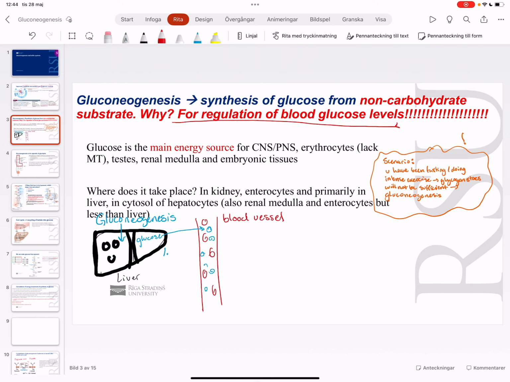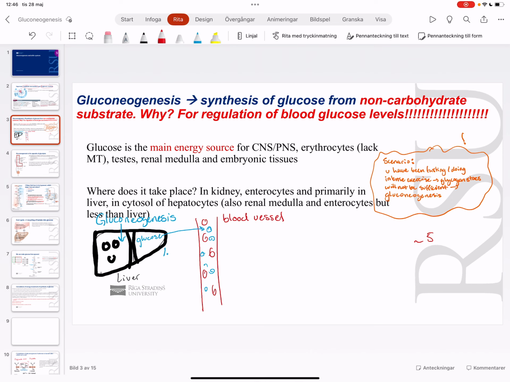For example, if you've been fasting or after intense exercise, then the blood glucose levels will drop, and therefore we need to maintain these levels, so gluconeogenesis will occur to keep the blood glucose levels stable. Blood glucose levels are around 5 millimoles per liter.